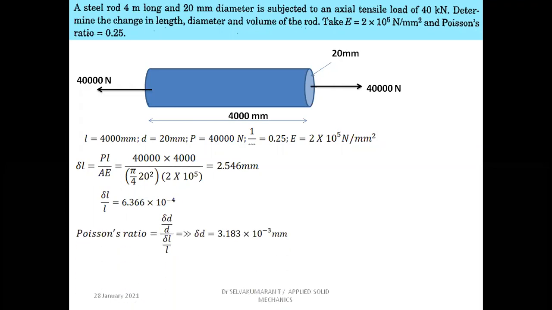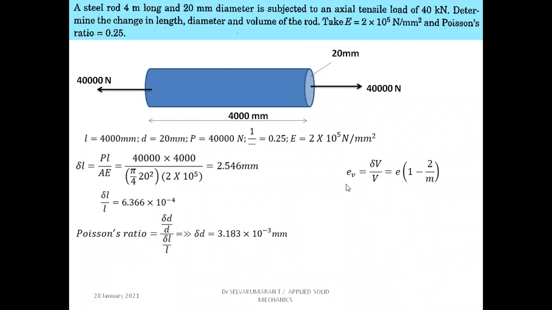Poisson's ratio is lateral strain divided by linear strain. So Poisson's ratio is given 0.25. Delta L by L is available. D is available. You have to find delta D, which is coming out to be 3.183 into 10 power minus 3 millimeter.